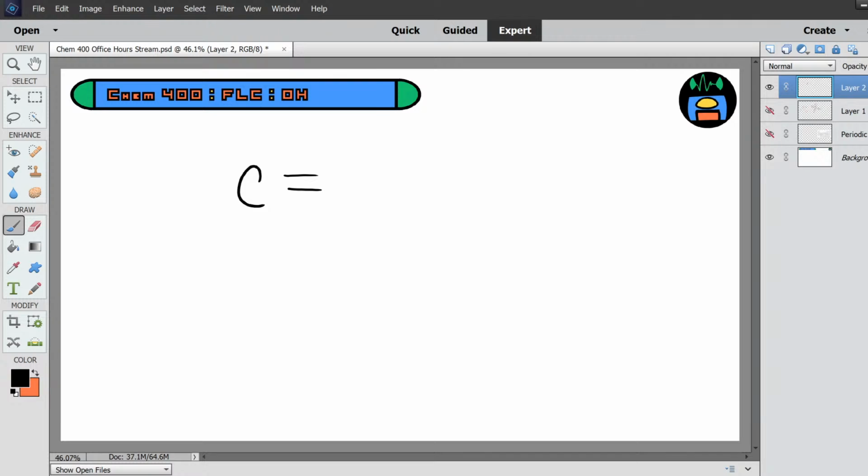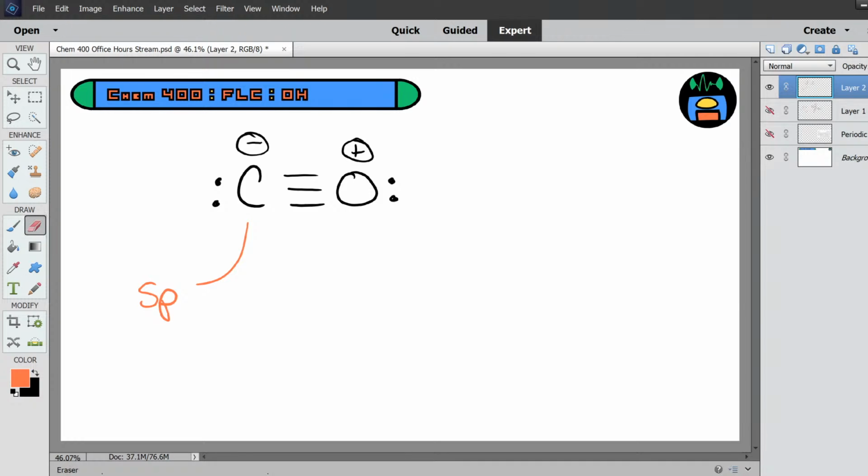If you look at carbon monoxide, whose Lewis structure looks like so, and actually has a formal negative on carbon and a formal positive on oxygen, if you look at the hybridization here for either carbon or oxygen, it's sp hybridized, which means that our lone pair here is actually contained inside an sp hybrid orbital.